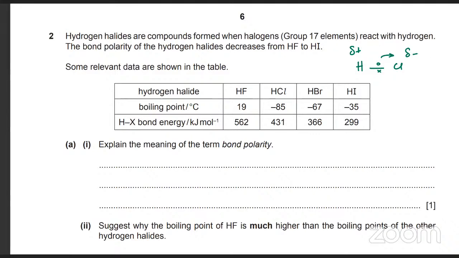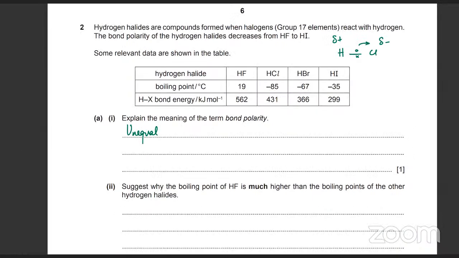So the definition is that it's the unequal distribution of electrons in a bond due to a difference in electronegativity.